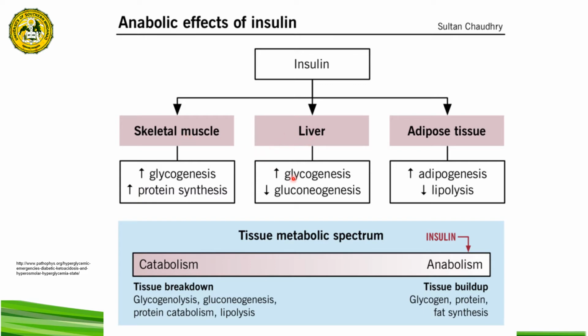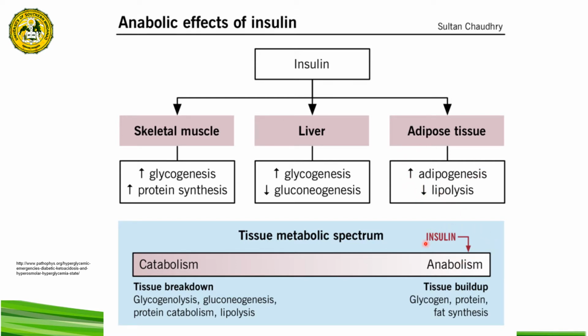In the liver, it will also promote the formation of glycogen, that is the glycogenesis, and it will decrease gluconeogenesis. In the adipose tissue, it will increase adipogenesis and decrease lipolysis.